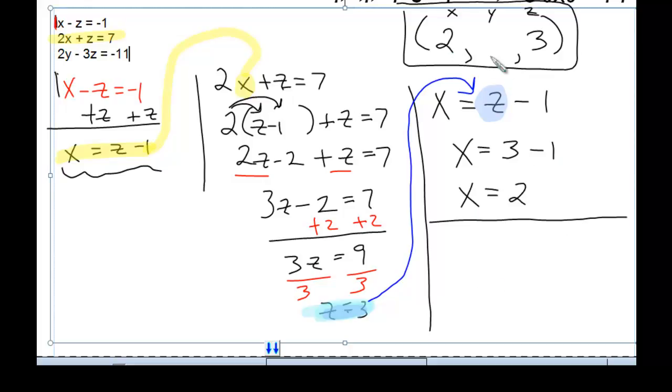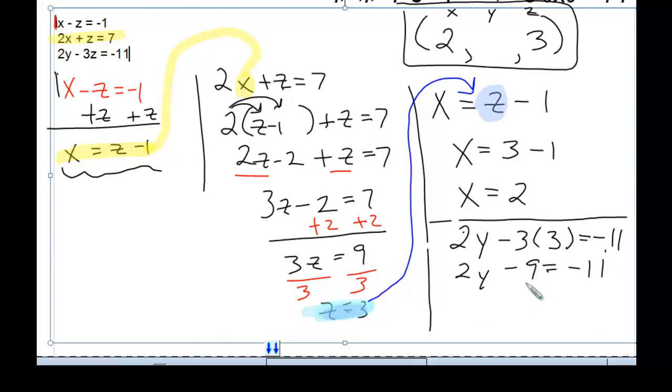And now I just have one more variable to find, and that is y. Now that I know x and z, we can put them into the last equation, which is the only one that has y. So let's plug in the values, 3 for z and 2 for x, and find y. 2 times y - 3 times 3 = -11. 2y - 9 is equal to -11.